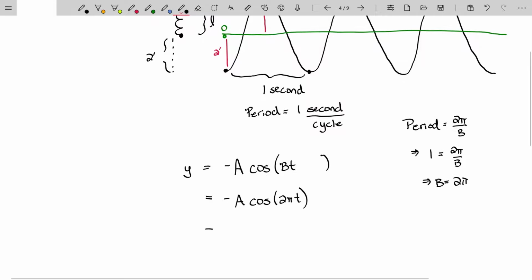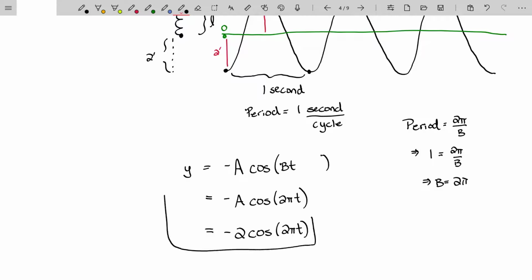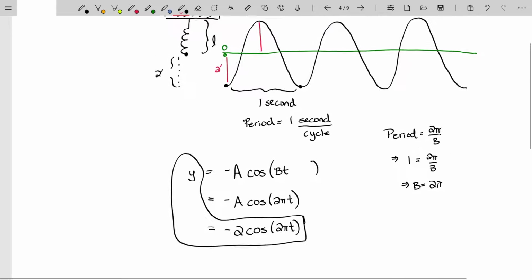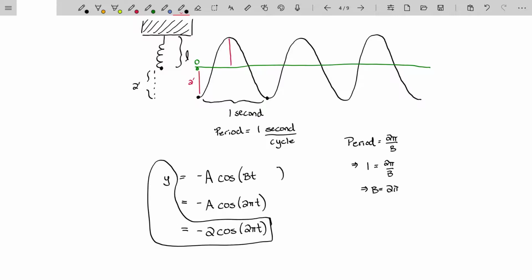So this function would be negative 2 cosine of 2 pi t. And that is our equation of motion right there. Now, I do want to modify this if you're in a course or using a textbook that does amplitude, oscillating or simple harmonic motion differently.